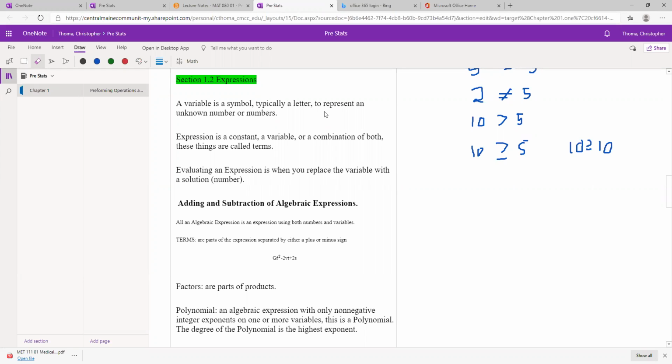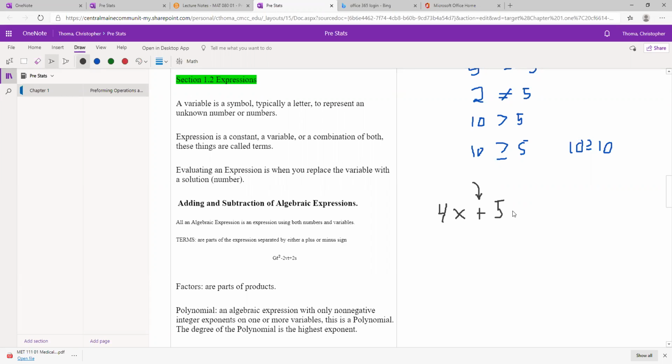So if I have 4x plus 5, my variable is x, and my constants, my numbers, are 4 and 5. This is considered to have two terms because terms are separated by a plus or minus.